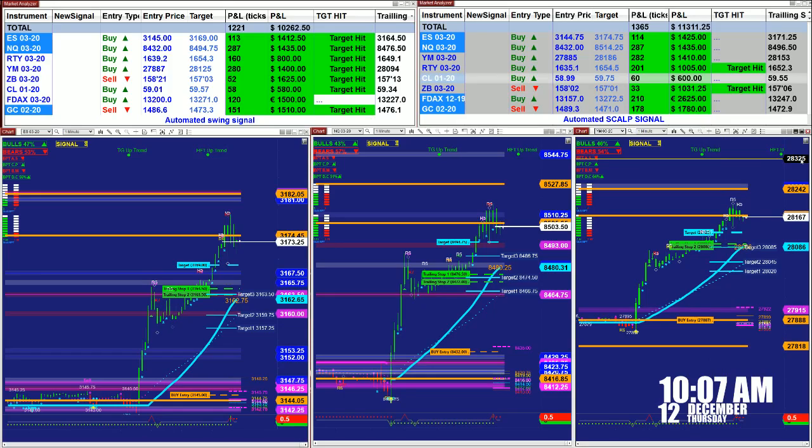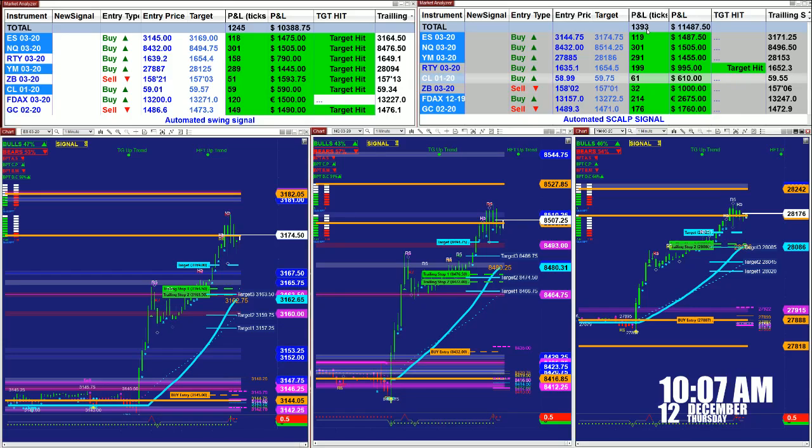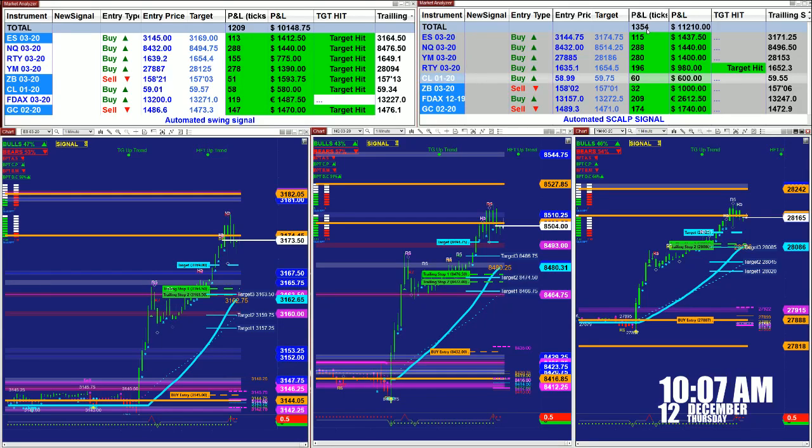It was an amazing spike this morning at 9:30, and right now we have 1,200 ticks into the profit and 1395. We are crossing the 1,400 ticks on the scalper based on the last entry. Not the whole day, folks. It's just based on the last entry.